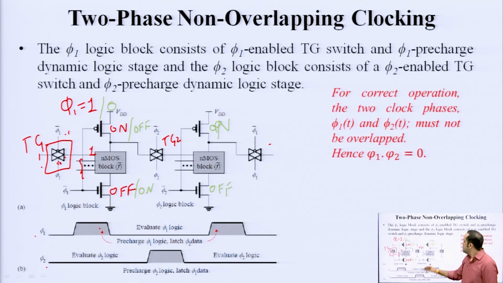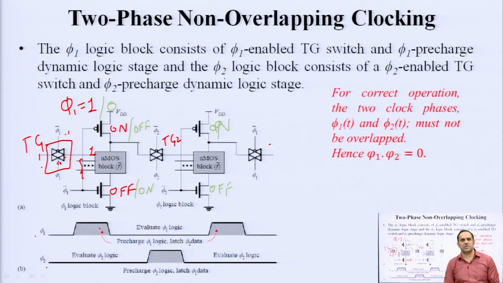So, here pre-charging takes place now and whatever data was here, that is being evaluated and that is being latched at this point output, but that is not being transferred as yet because the switch is open till now. And when phi 2 again goes high, this switch gets closed, this becomes open, this has nothing to do, and then data gets latched onto here and this starts to charge.